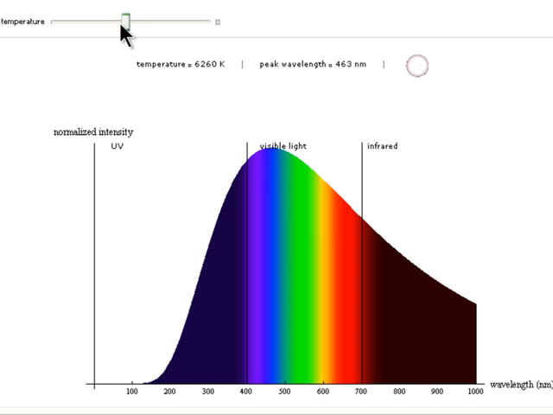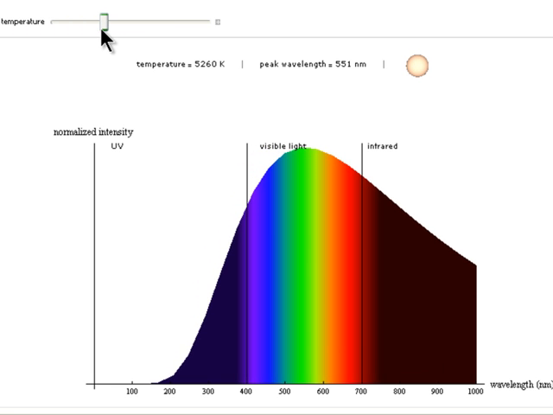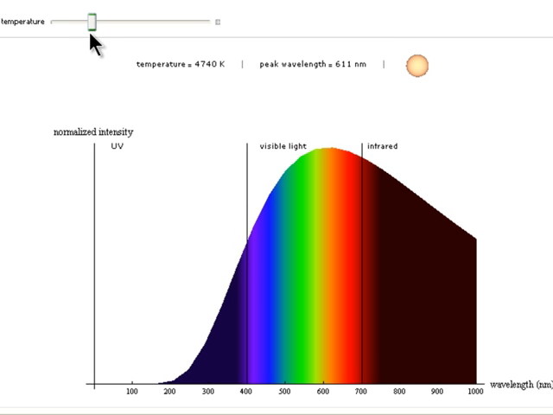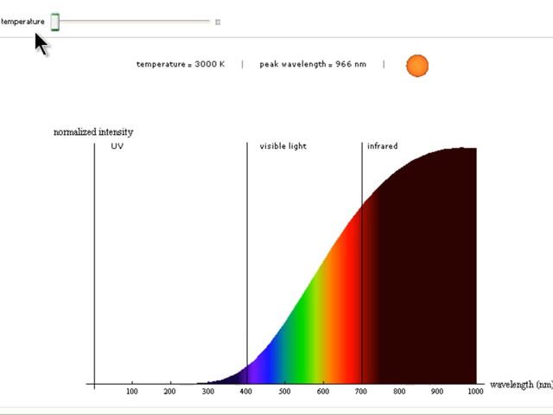Okay, let's reduce the temperature a little bit more. Now we're getting a sort of red glow as the object is cooling down. And now most of the heat is being emitted within the infrared spectrum.